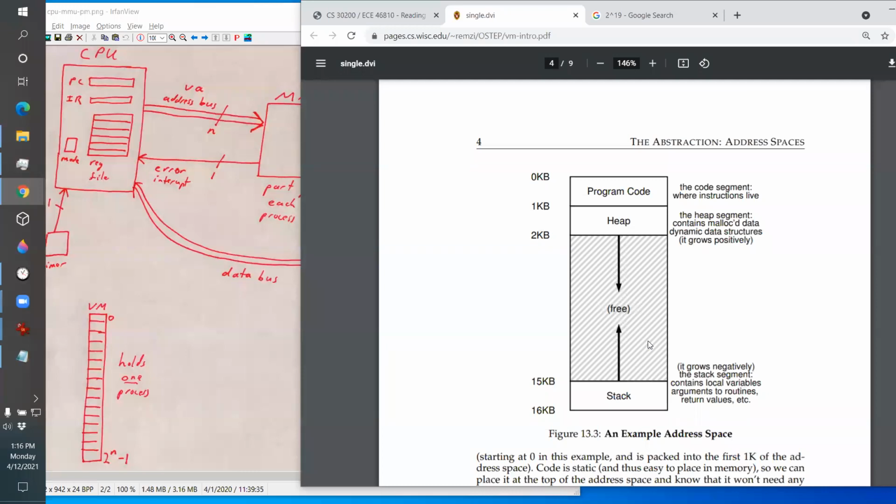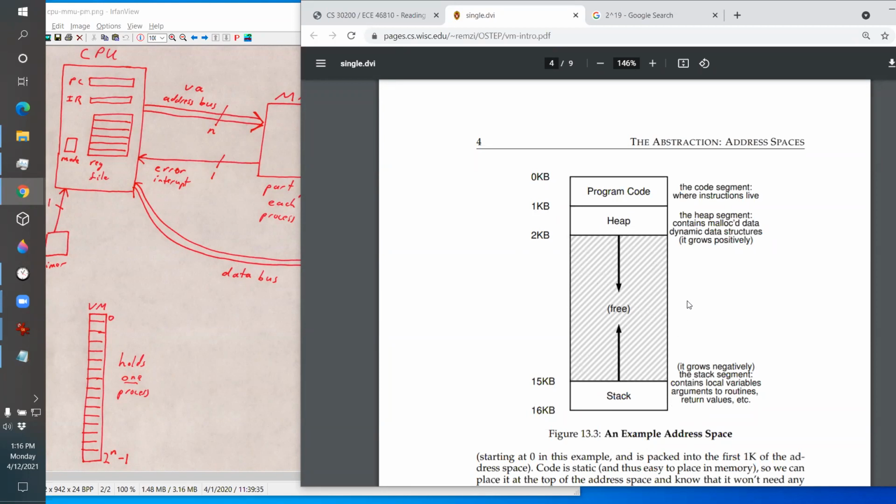Okay, but modern computers actually can grow. We'll see that this is the old-fashioned way of doing things. Right now, what happens if the heap and the stack hit each other, this whole picture just grows from, say, 16 kilobytes, it doubles to, say, 32 kilobytes. But that makes things way more complicated. So he's using a simplified picture.